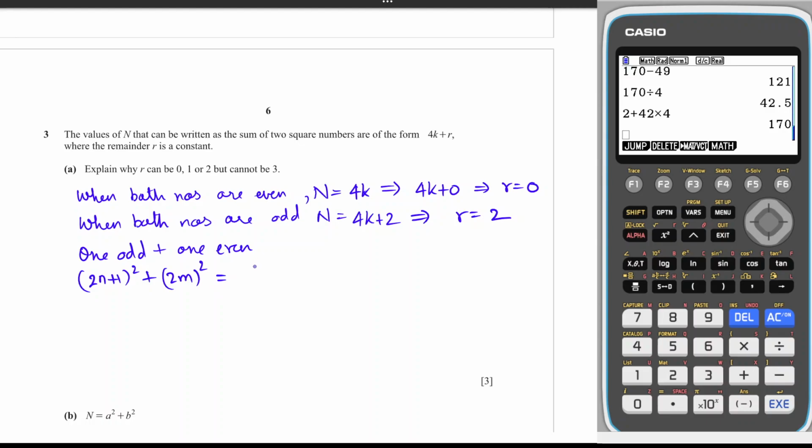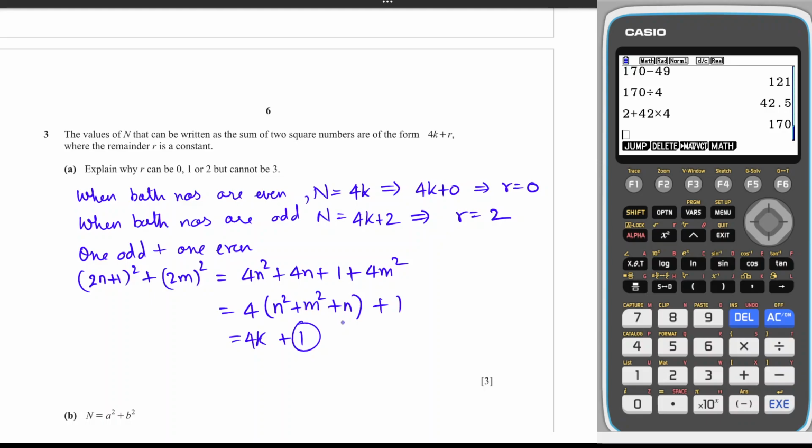So this will become 4n square plus 4n plus 1 plus 4m square. You can see this 4 is common here: 4 times n square plus m square plus n, plus 1. So this is of the form 4k plus 1.